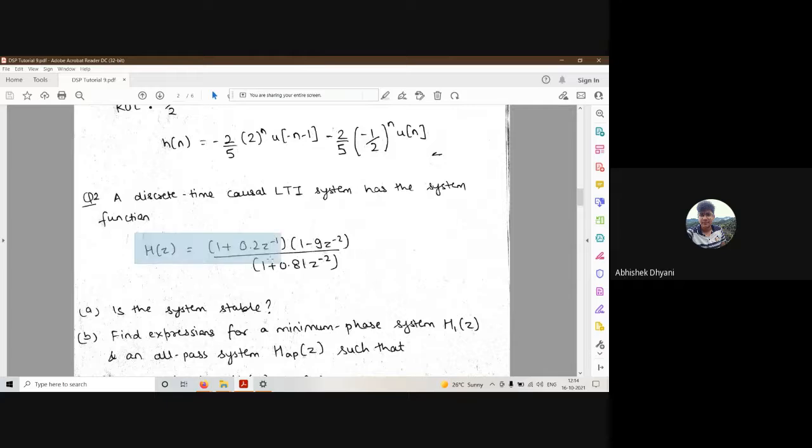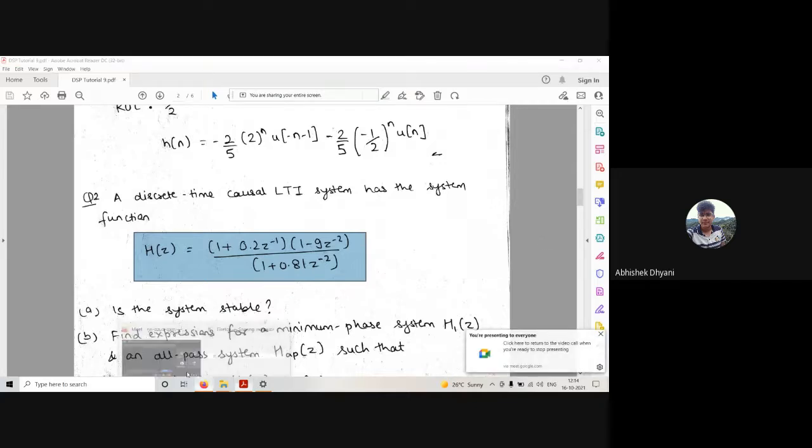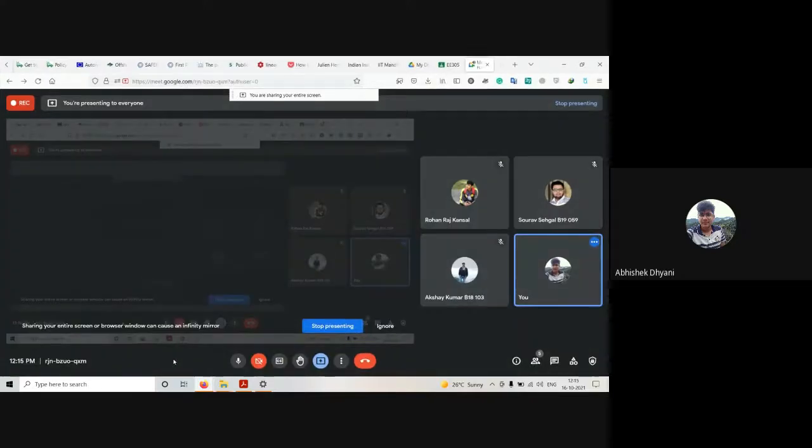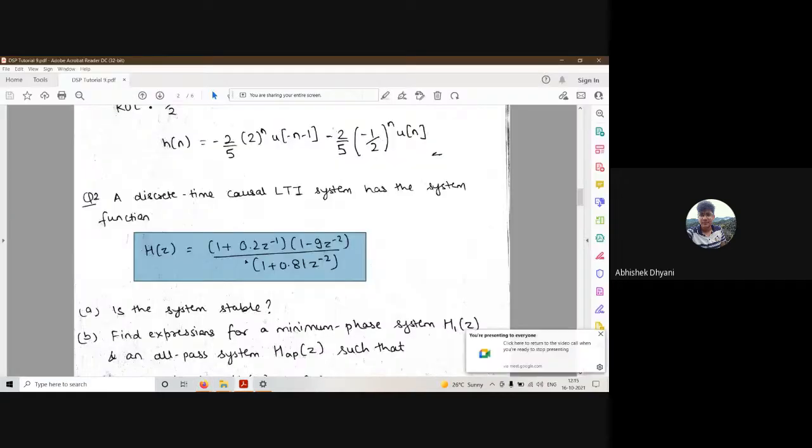Just by looking at this h of z, can anyone tell whether it is stable or not? Any ideas?